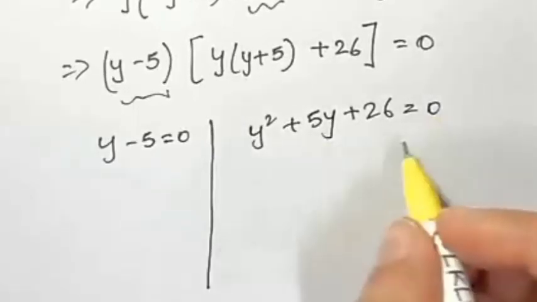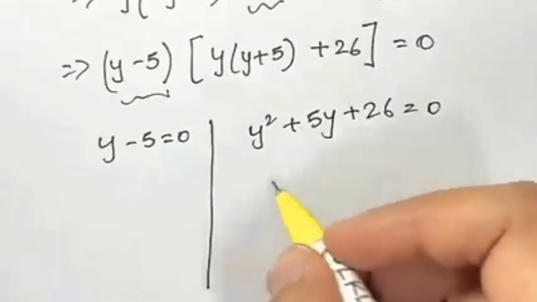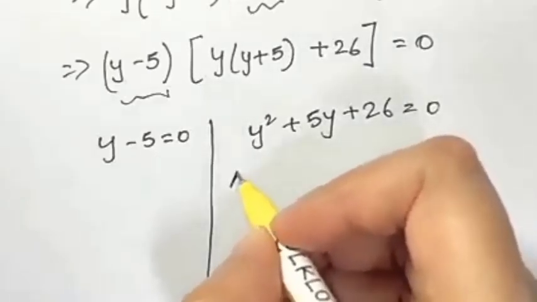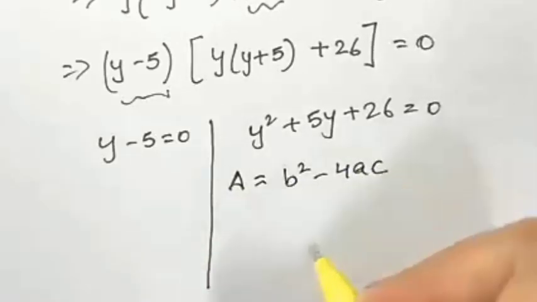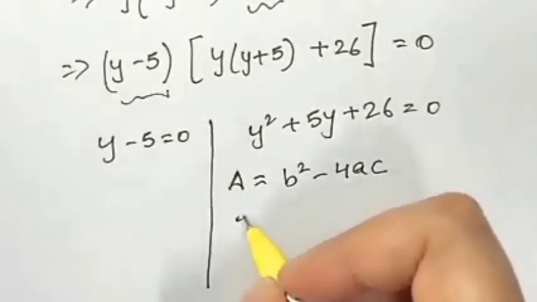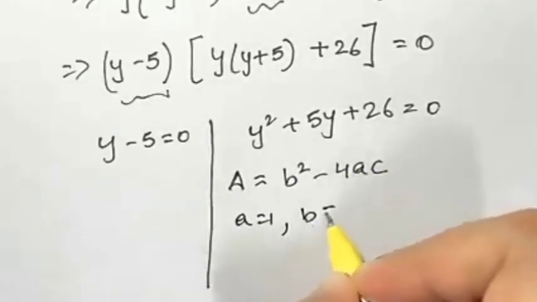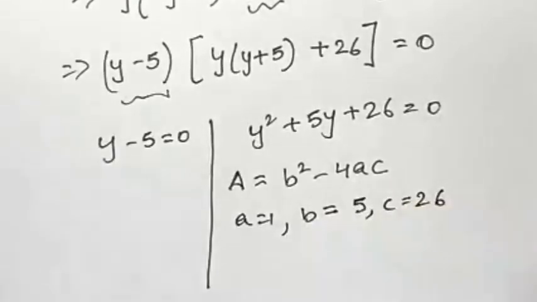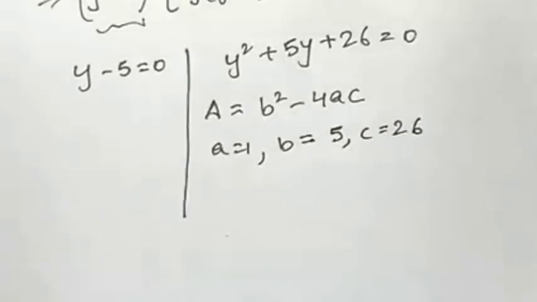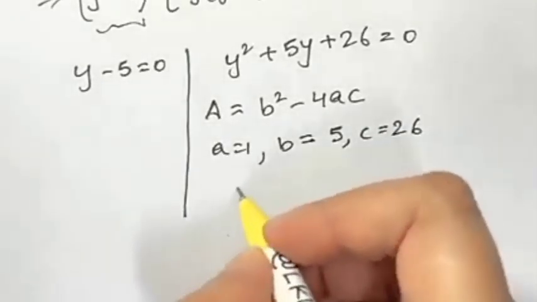that's a quadratic form. Now we're going to find the discriminant, that is delta, b squared minus 4ac. So what is our b? A is 1, b is 5, and c is 26. So let us just substitute and find out b squared.